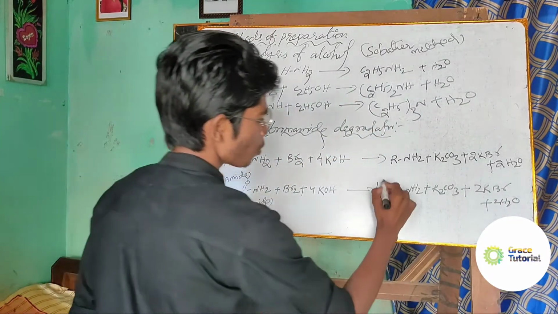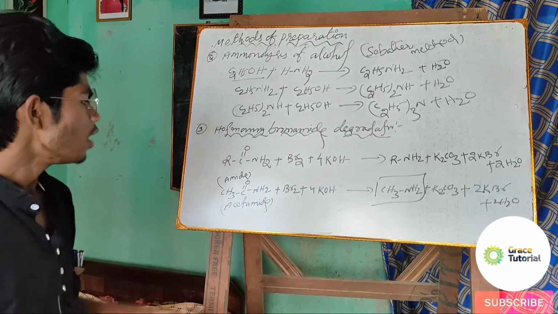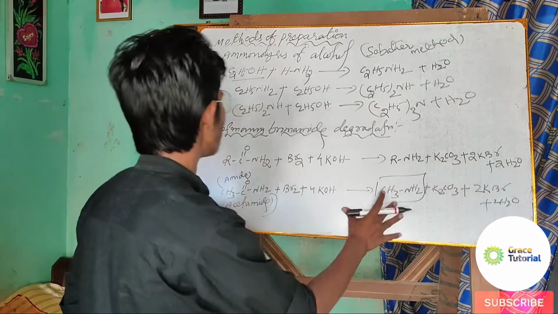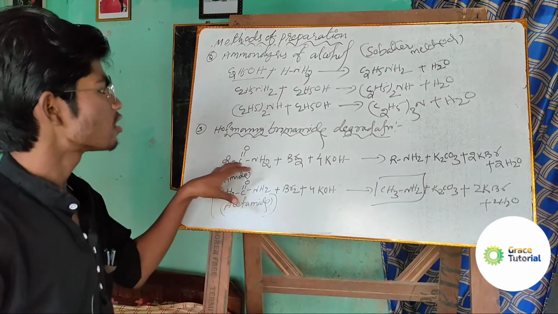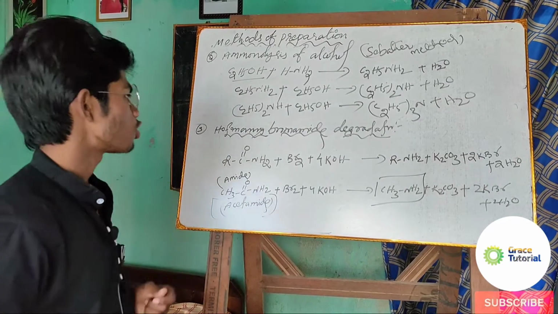Well, the most important thing is that methylamine is obtained here. So that's what we need to understand, how from acetamide the amine is obtained. That's all about the Hofmann's bromamide degradation reaction. And this reaction is very important because it often comes in the examination, that you need to remember.